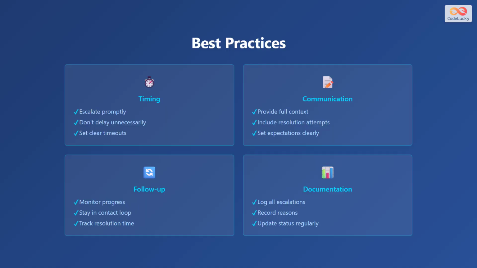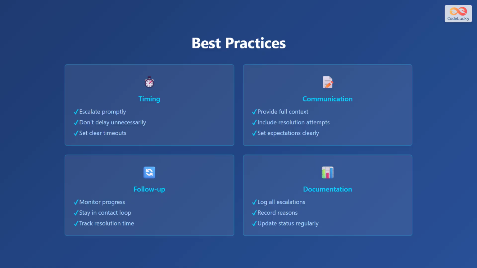Following best practices ensures effective escalation. For timing, escalate promptly when you've identified the need. Don't delay unnecessarily hoping to resolve it yourself. Set clear timeouts for resolution at each level. For communication, provide full context about the incident. Include all resolution attempts you've already tried. Set clear expectations about what happens next.